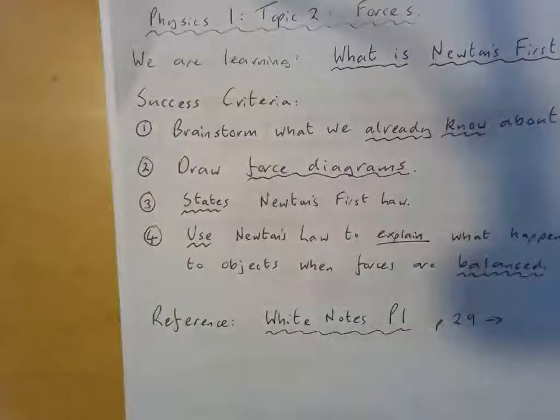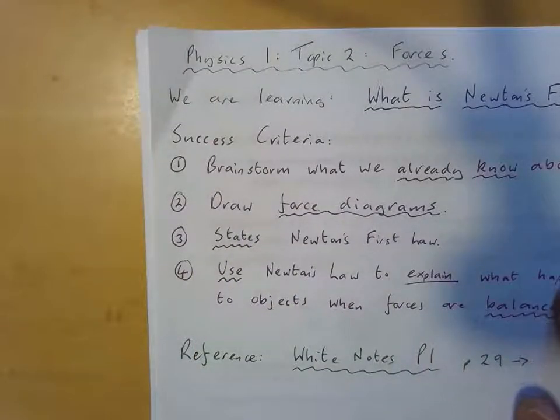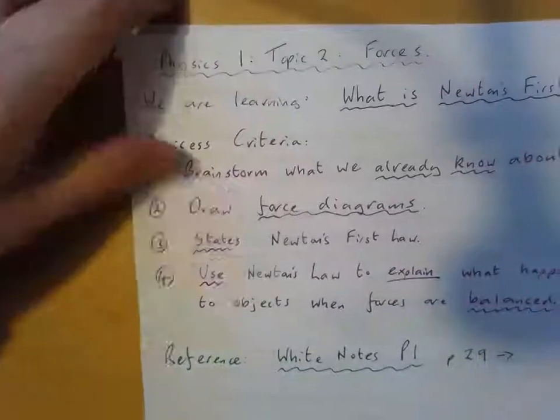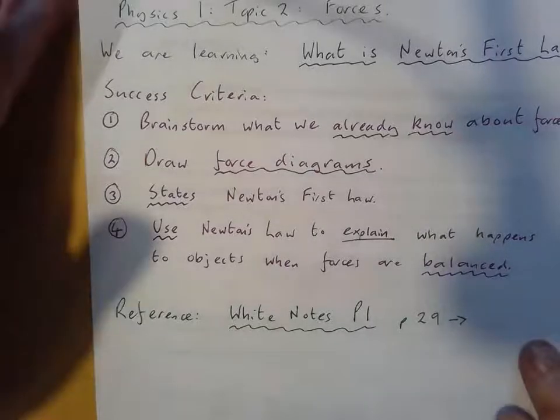Let us just go and do a quick review of our success criteria. Right, so we were to brainstorm what we already know about forces. Yes, we did that. So we had a look at types of forces, forces of push or a pull. I'm going to go back over it.